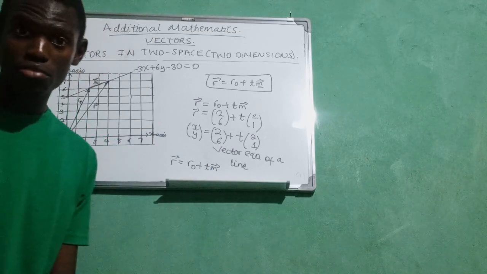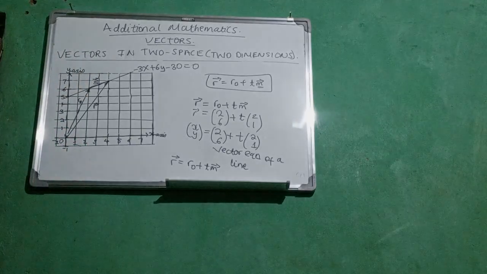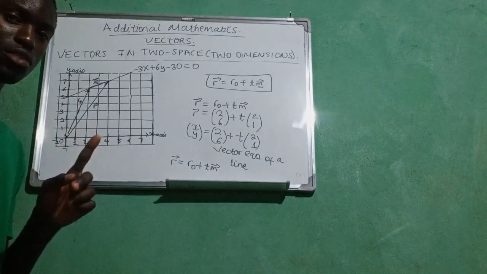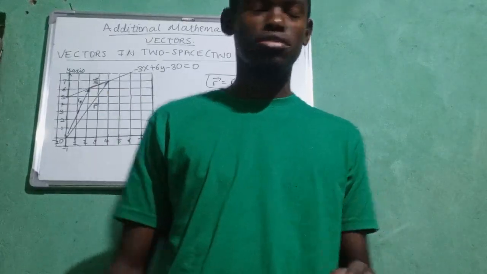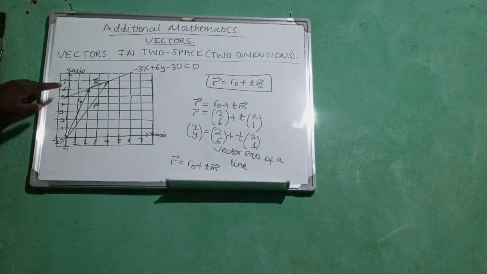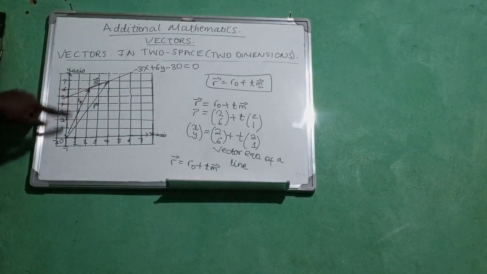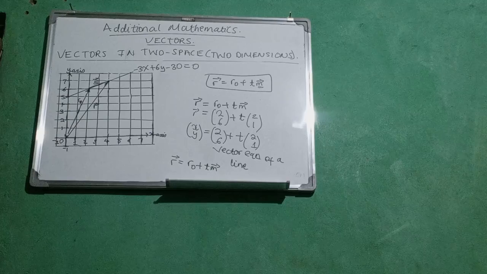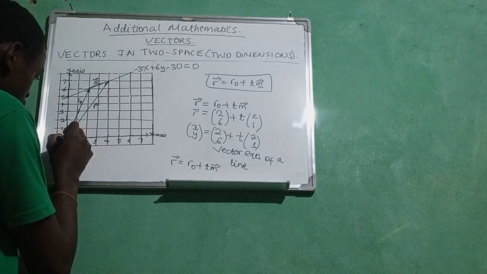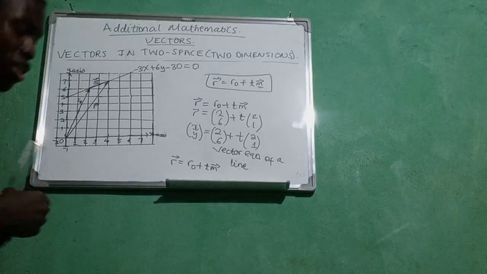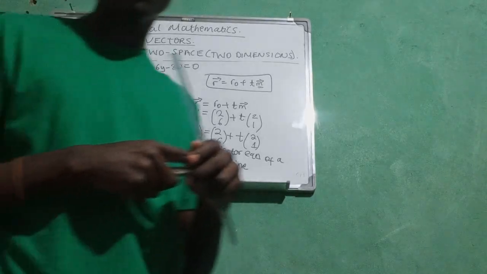So, a recap of what we have done. We thought of a certain position vector and we found the example of a position vector to be 2, 6. We plotted the 2, 6 there. We called it R naught. And then another position vector which has its tip on the line was 4, 7.